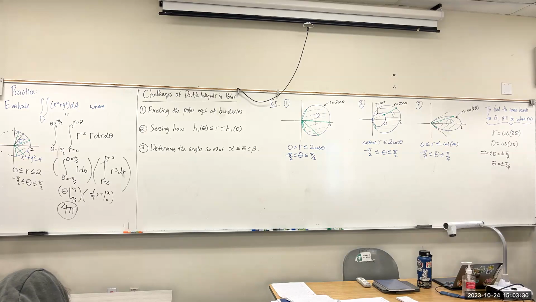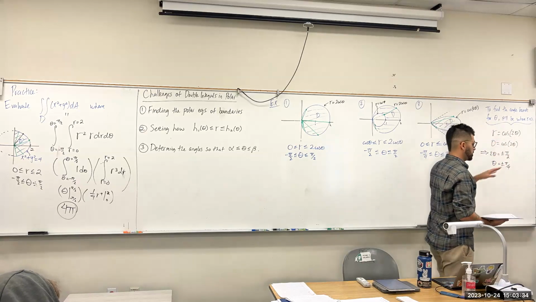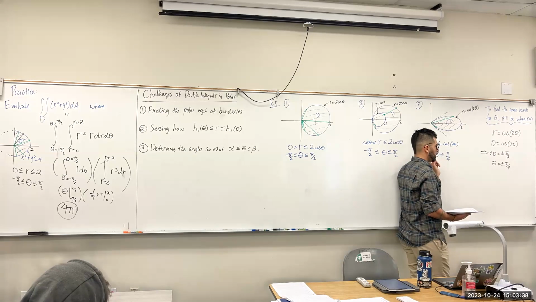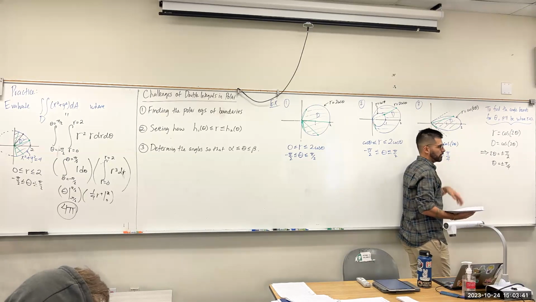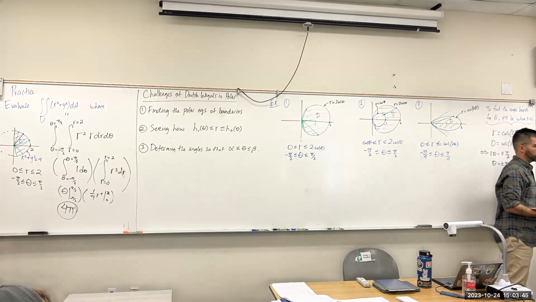Yeah, you'll have to do that for more complicated ones. We'll do one later on in chapter 16. You might have to use tan inverse, or you have to use inverse sine or inverse cosine.